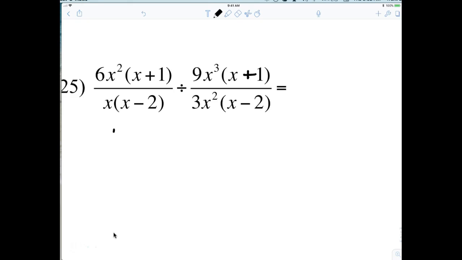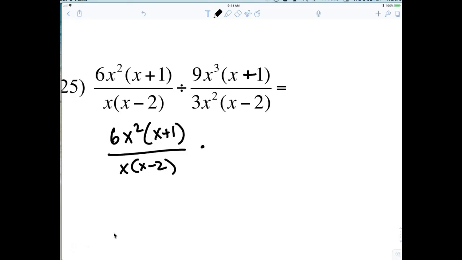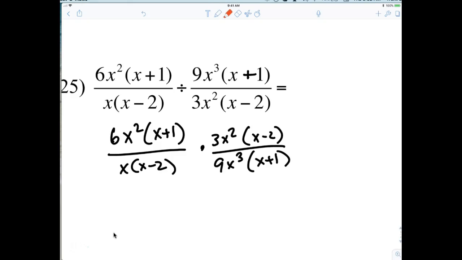Alright, so this is kind of annoying, but 6x squared, x plus 1 over x times x minus 2 times 3x squared, x minus 2 over 9x cubed, x plus 1. Wow, so it's kind of nice. X plus 1, x minus 2. Right? That was easy. Right?